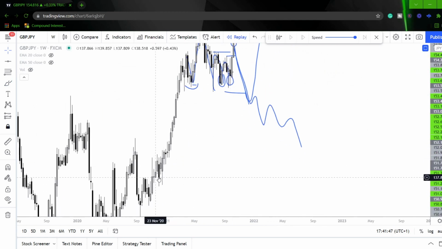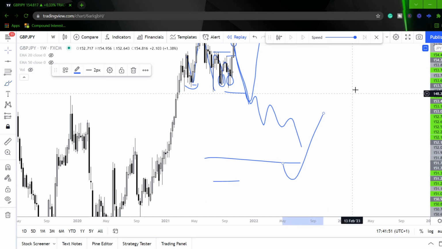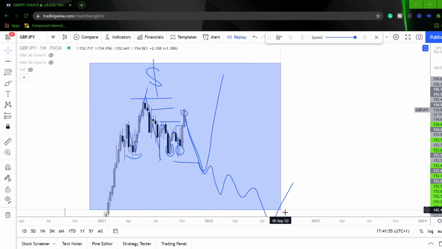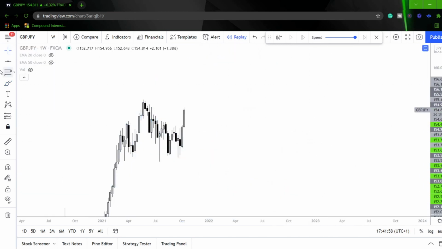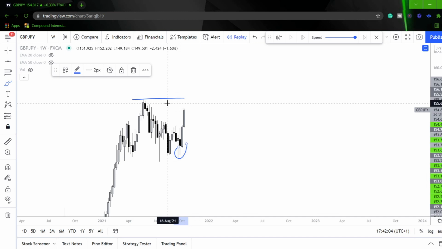Filling in imbalances, right, maybe target an order block down here, okay, and see some higher prices. So we enter the trade on the hourly time frame, right, and we want to target these weekly highs, okay, because we have identified these on the weekly time frame. We've got a higher time frame directional bias into this liquidity, right?